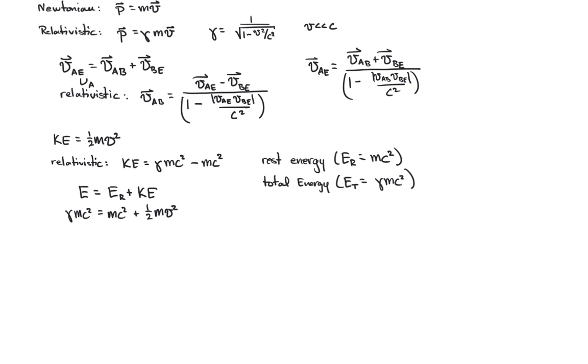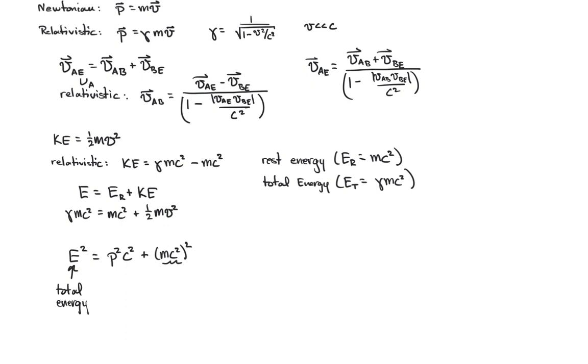Now, we can also relate momentum and energy together, right? So our total energy squared, so this E here is our total energy, is going to equal momentum squared times c squared plus our rest energy, mc squared, squared.